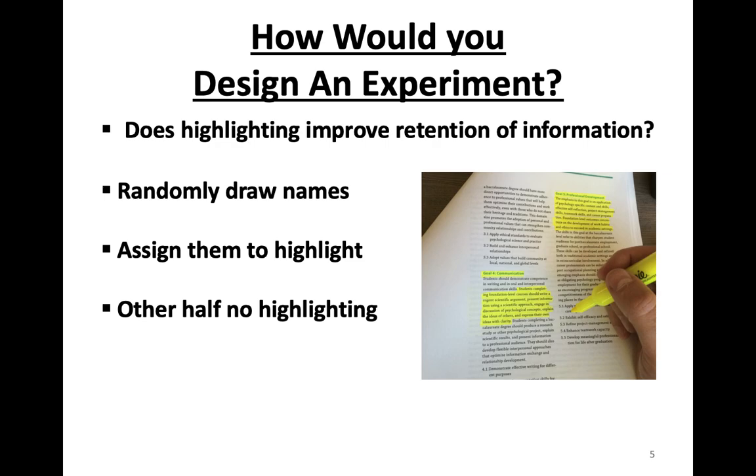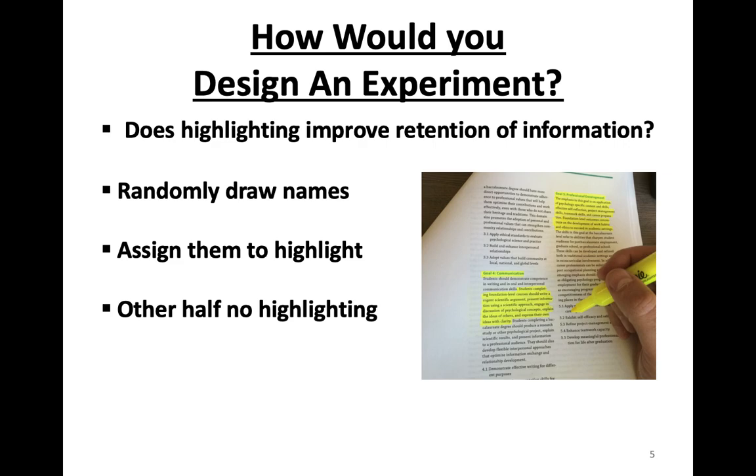If we just say, hey, which of these two conditions do you want to sign up for? It could be the case that people that are used to using the highlighter anyway would choose highlighting, and people that don't prefer to use a highlighter would choose that condition.